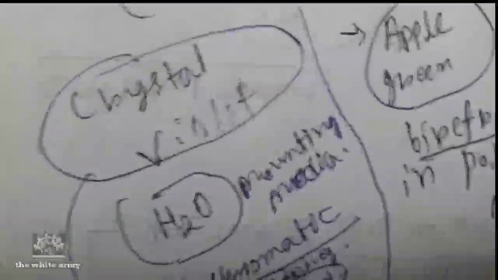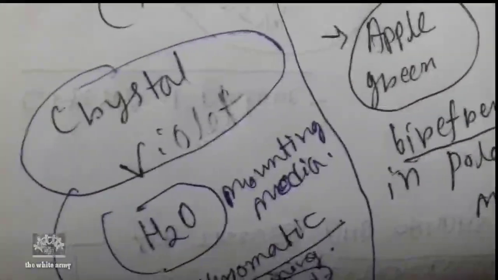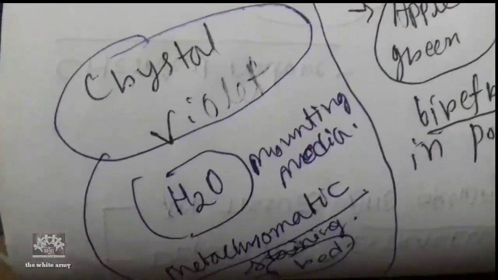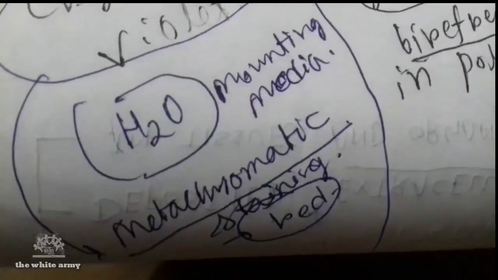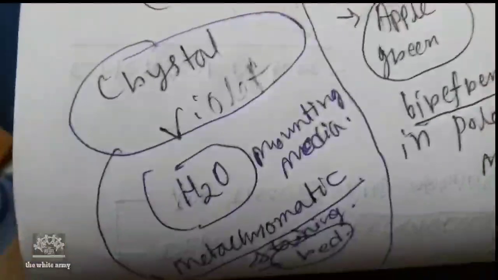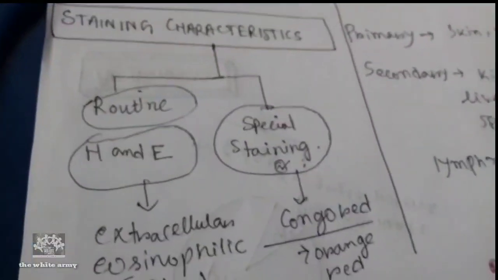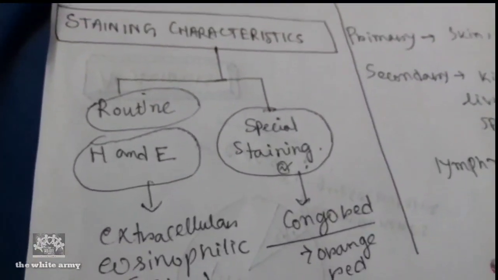Metachromatic staining means differential staining. Crystal violet itself is a violet stain, but when it stains the amyloid, the amyloid becomes red. So the color is changed. All these staining characteristics are due to the beta pleated sheet appearance of the amyloid.